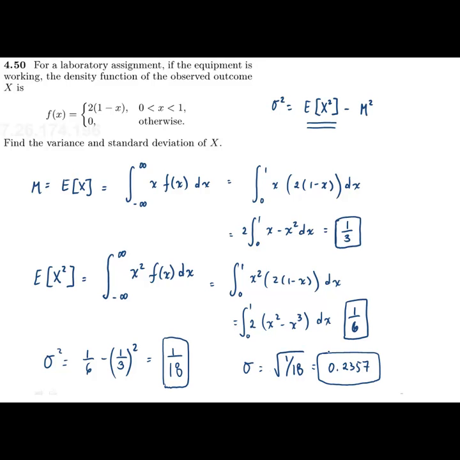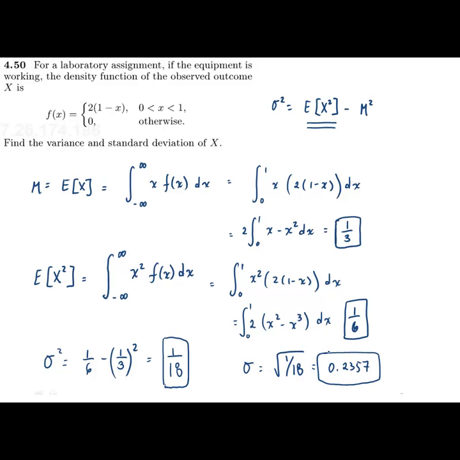You need to find the integration of x times f of x. And also, you need to know how to get the variance. So remember, in order to get the variance, you need to find the expectation of the random variable. And that's what we did. We also find the expectation of x squared, and then you plug those results into the formula for the variance, get the variance and the standard deviation. Questions?